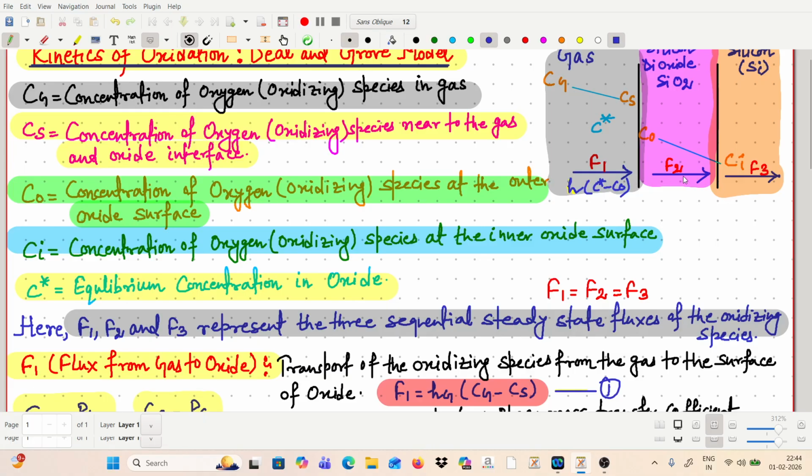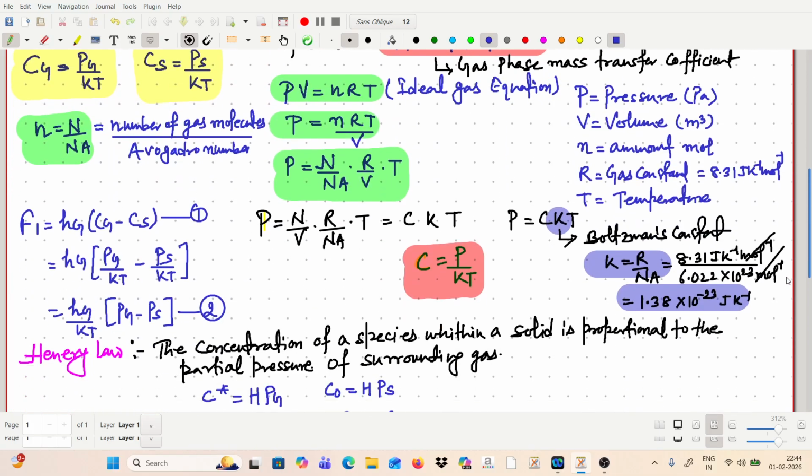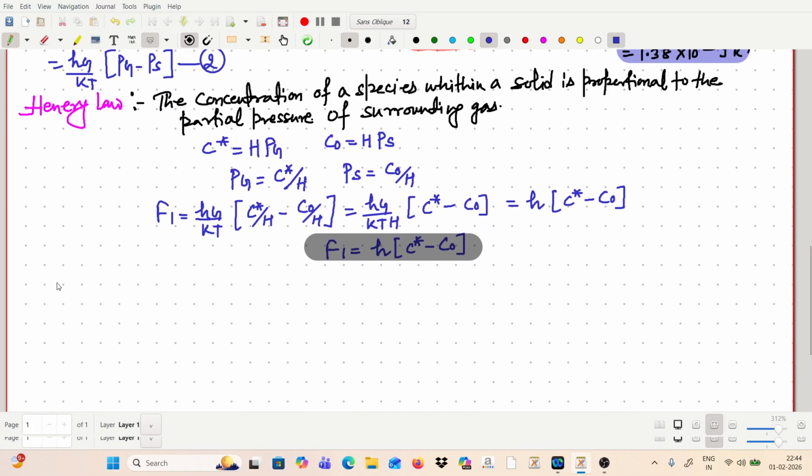Now F2, the flux through oxide. So we have to write F2. I am highlighting this one.